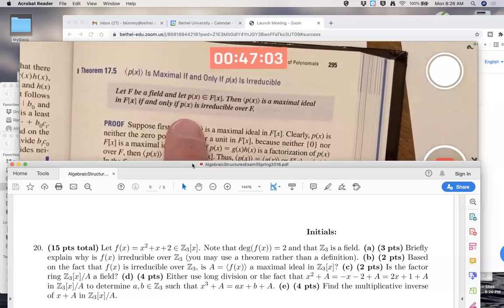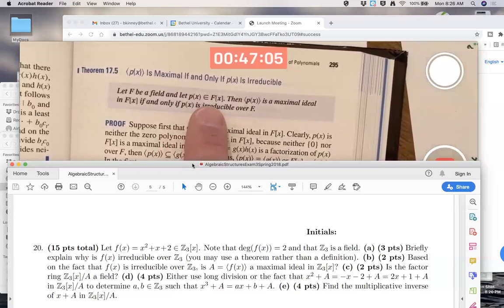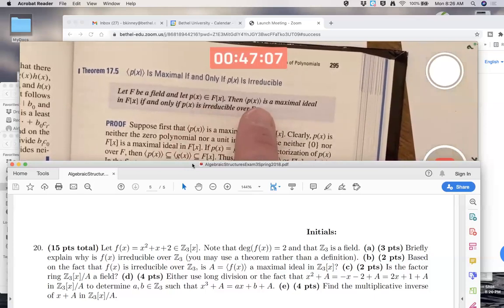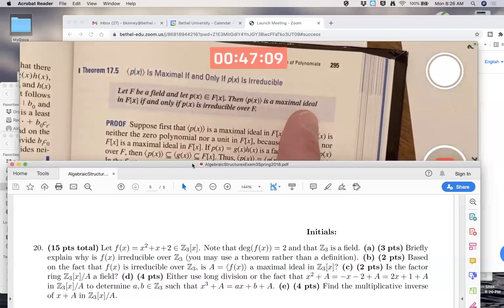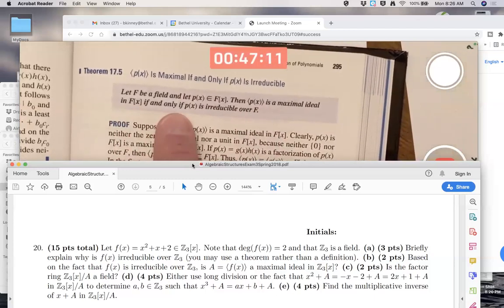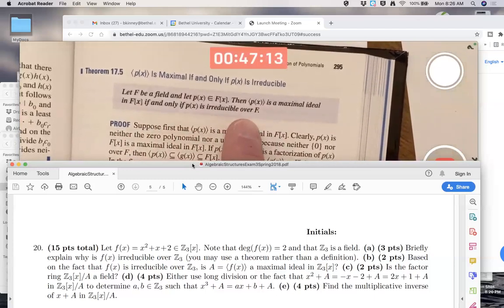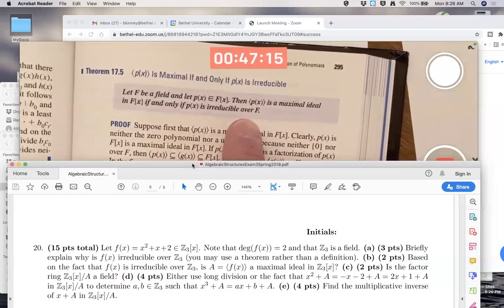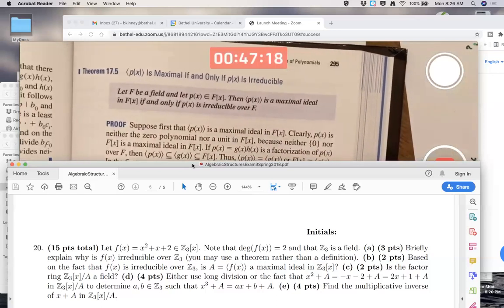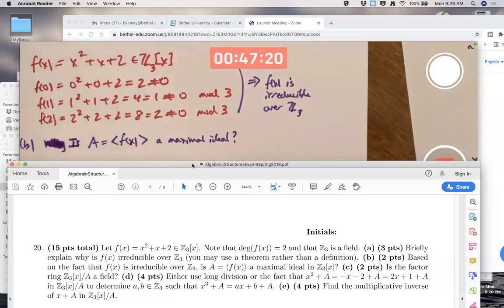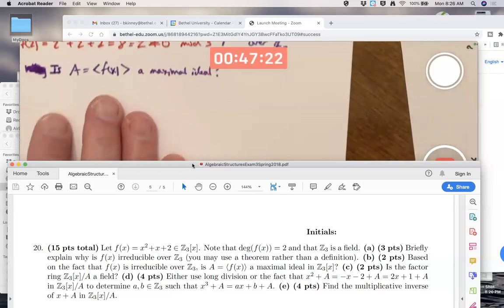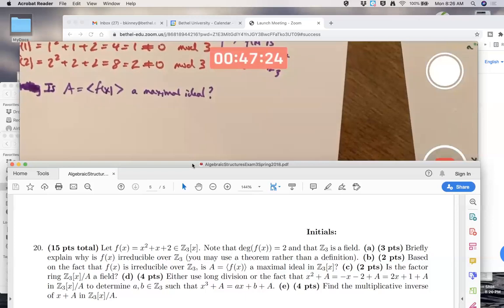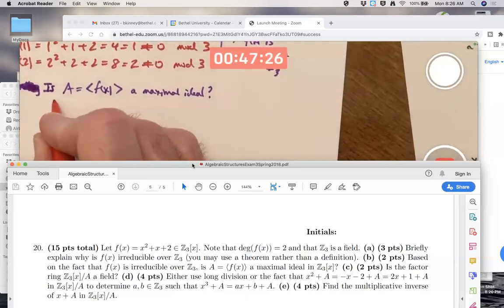Let F be a field and p(x) be a polynomial with coefficients in F. Then the principal ideal generated by p(x) is a maximal ideal in F[x] if and only if p(x) is irreducible over F. Okay, that's the point. That is to know that theorem. So it was not a why question. It's really a yes/no question. The answer is yes.